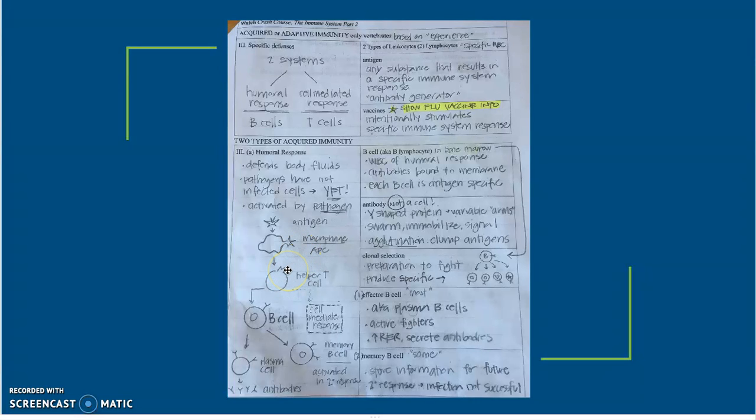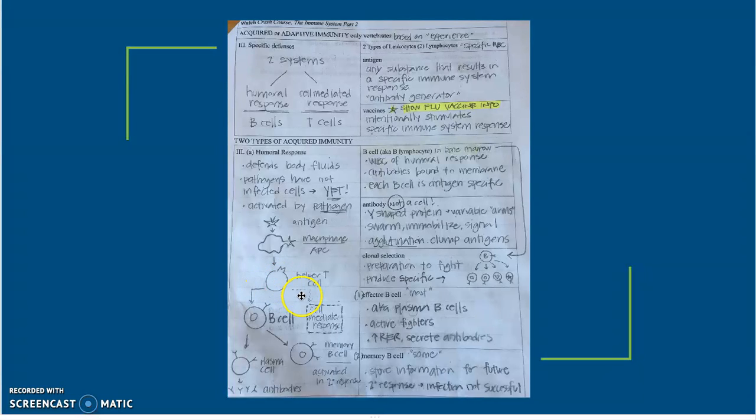So now this helper T cell, which before was a naive helper T cell, just a non-specific T cell floating around, has now been specified and imprinted with this particular information from this particular pathogen that this antigen presenting cell has given it.